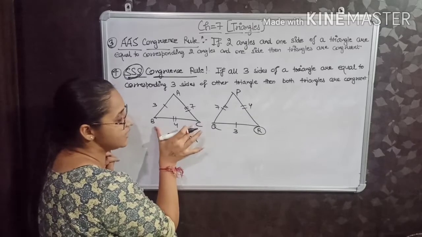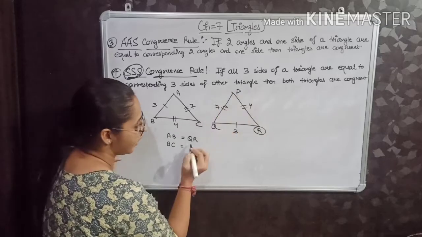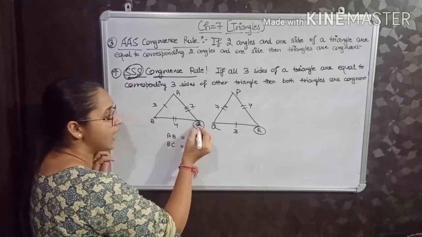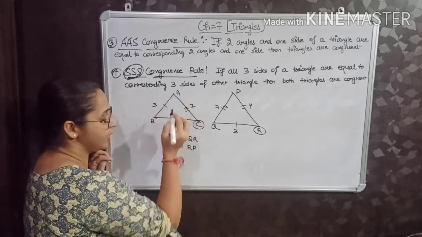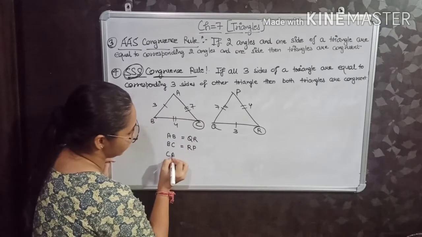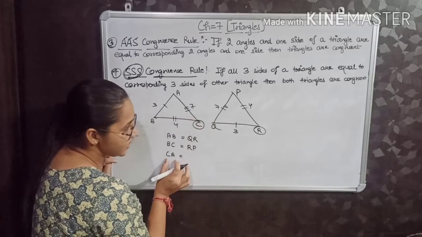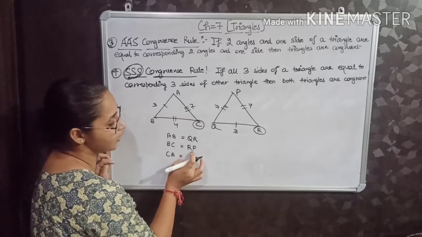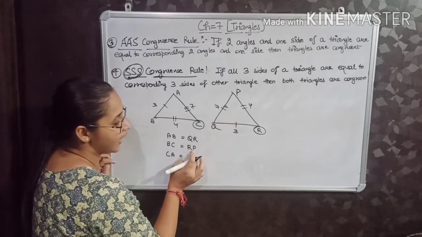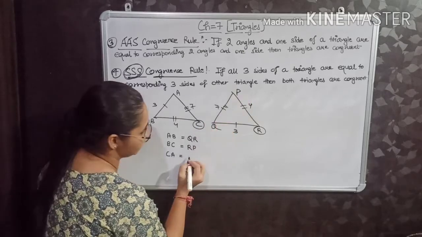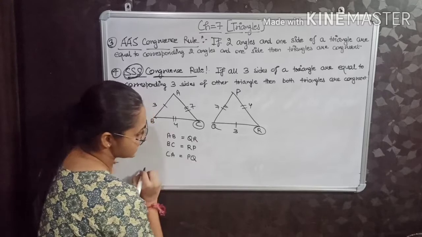So BC will be equal to RP. And now from C, I will reach point A, that is CA, and I will cover a distance of 7. So CA will be equal to, now here in this triangle I am at point P, so from P I will move to point Q, PQ, and this is equal to 7.